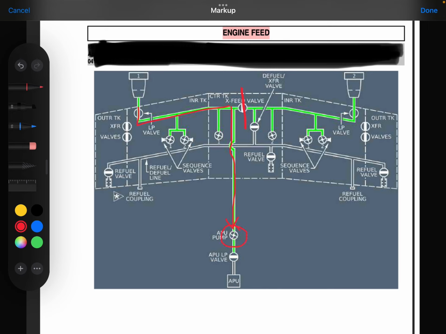In normal situation, this pump remains off and fuel is supplied to the APU by the pressure of these pumps. But in case pressure is low, then this APU fuel pump starts automatically, creates pressure and sucks the fuel, right? Clear?